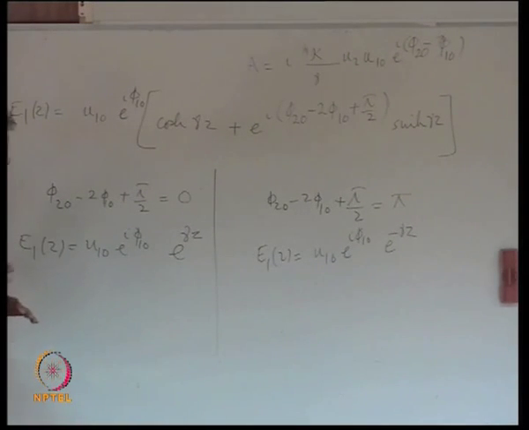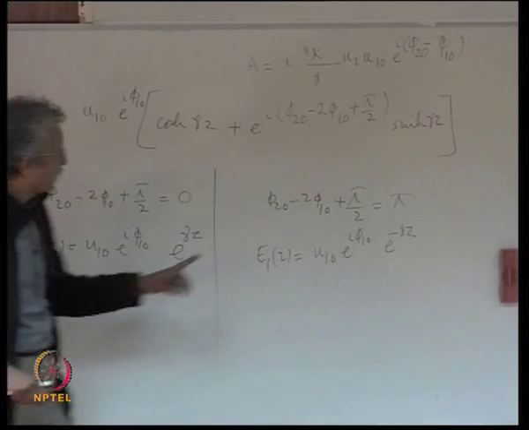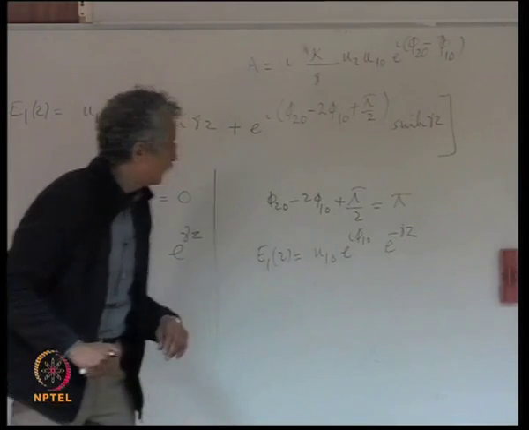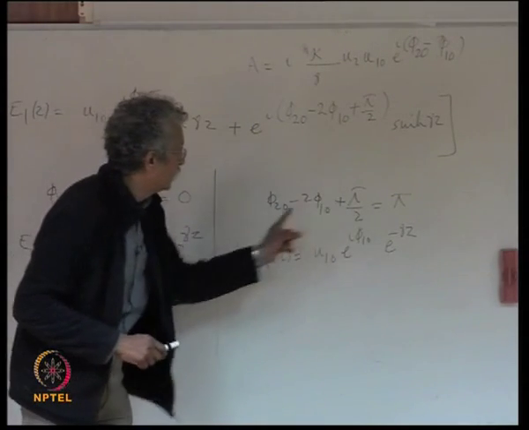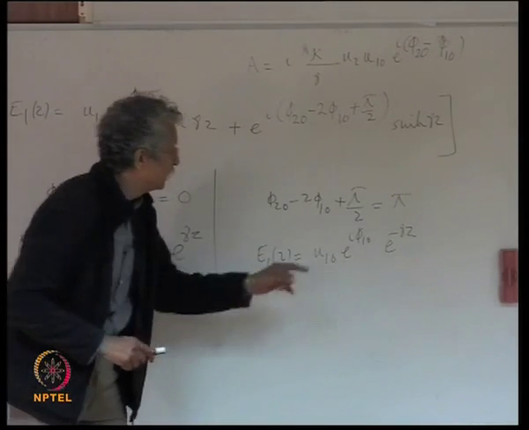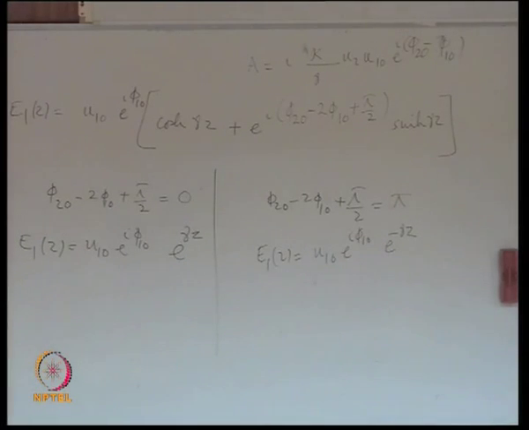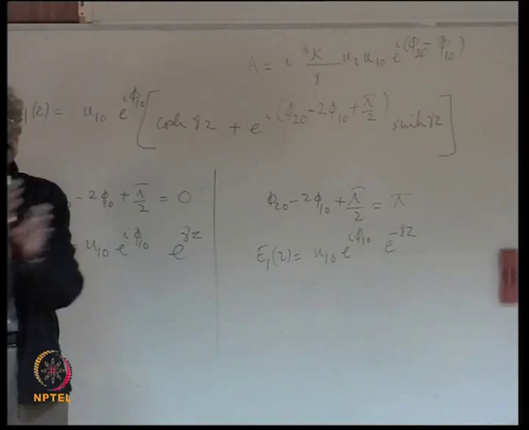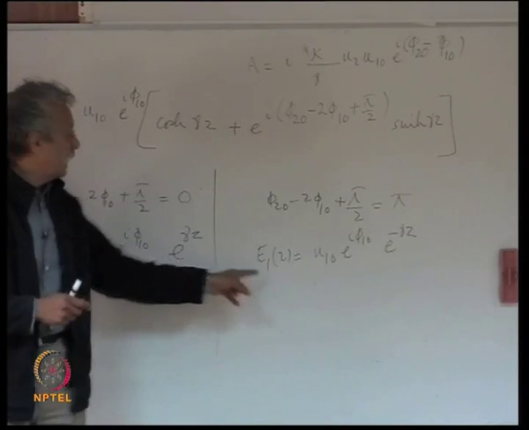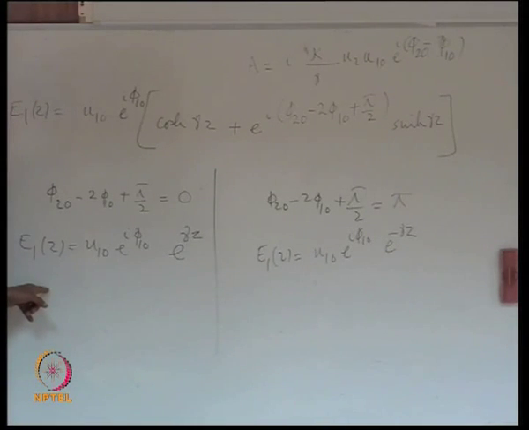So the omega frequency grows exponentially. If this difference is plus pi by 2, then the fundamental decreases. And this decay means that the energy is transferring from omega to 2 omega here, and here it is transferring from 2 omega to omega.